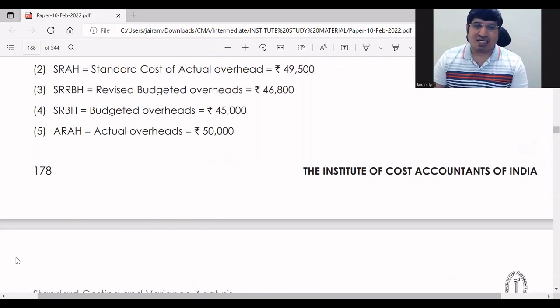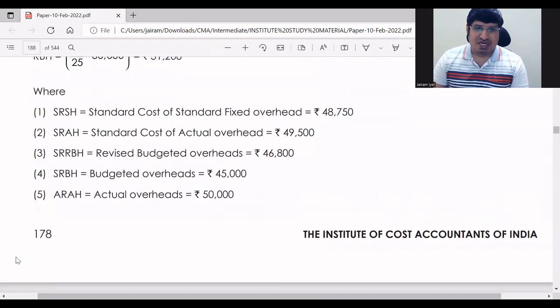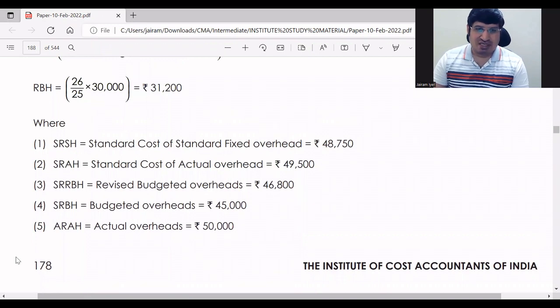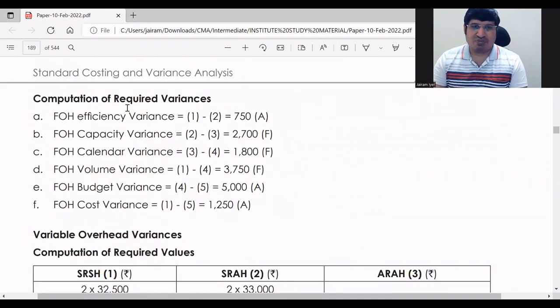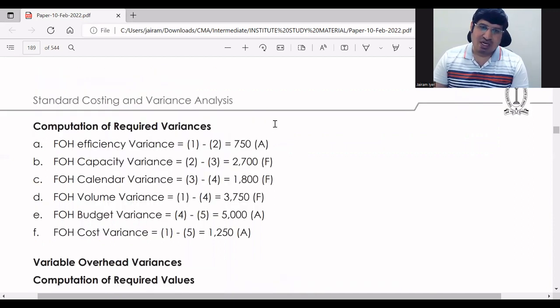You check all these things, and you will get these variances. All of 1 minus 2, 1 minus and so on, just do this and you will get your variances. If anything comes positive it is favorable, and anything which comes negative is adverse.